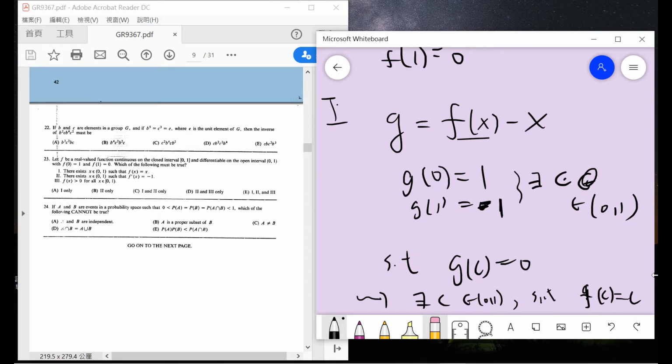Okay. And the second one: there exists a point in the open interval such that the derivative is equal to minus 1.